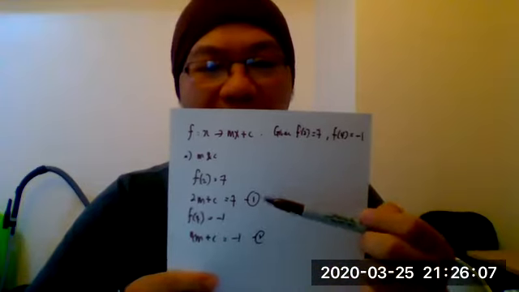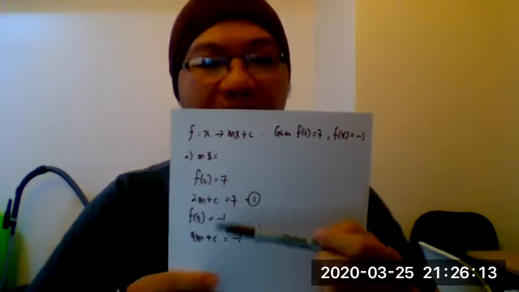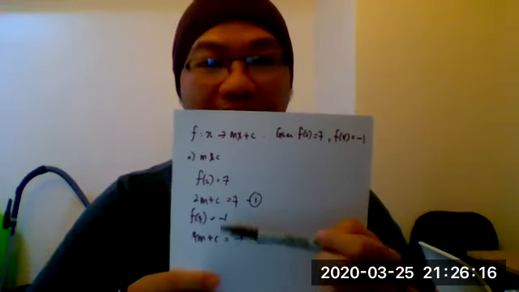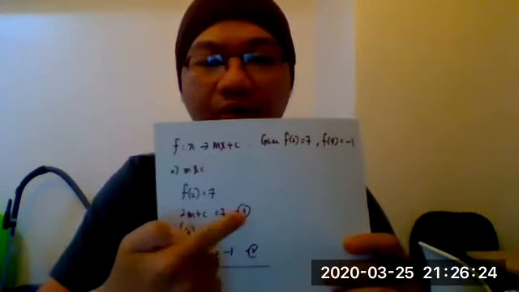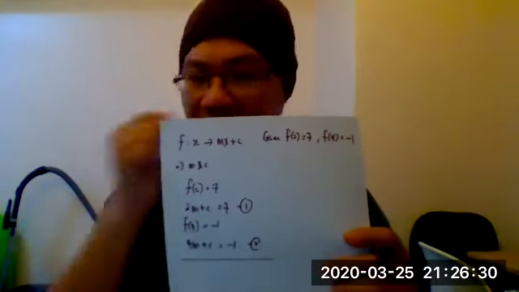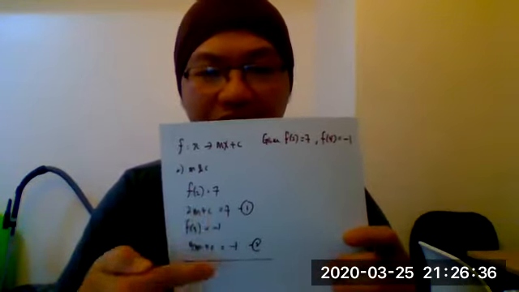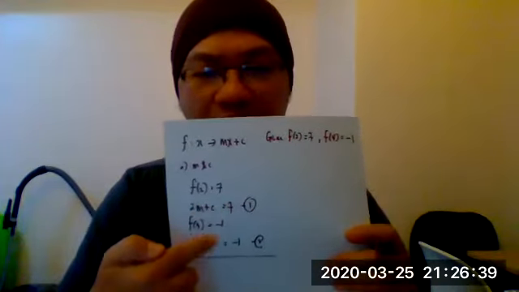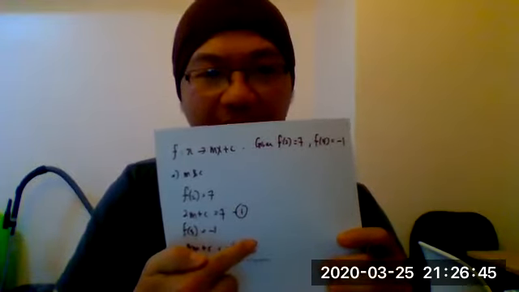So since we have first and second equation, and both equations got c, 1c and 1c, what we can do is either first plus second or first minus second. So it depends on you how you eliminate the huruf c here. So normally what we do is, since both of c is positive, we do first minus second.